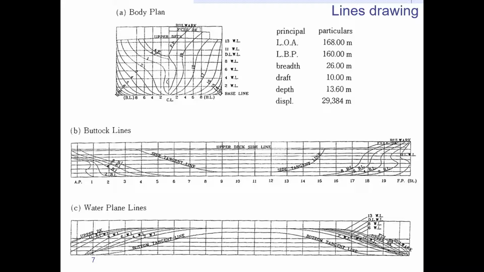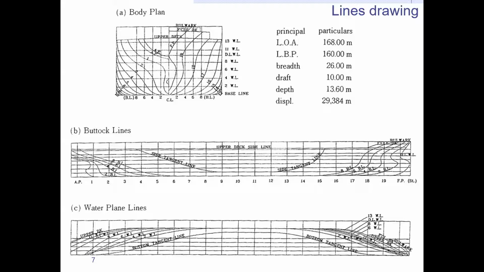And B is the buttock lines, showing the side view of the ship hull. And this body plan means the front view, looking back along the front of your ship.